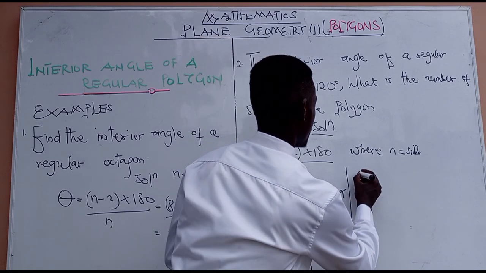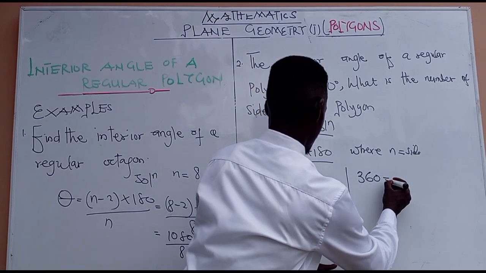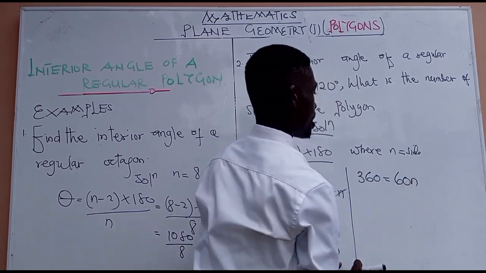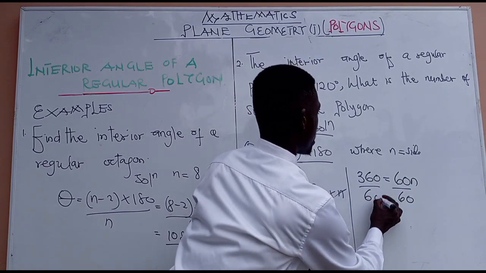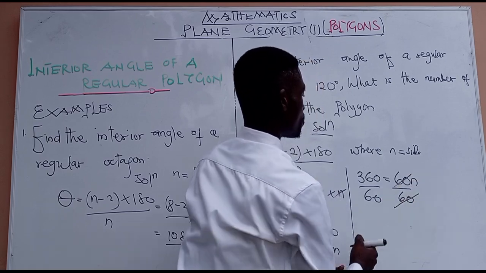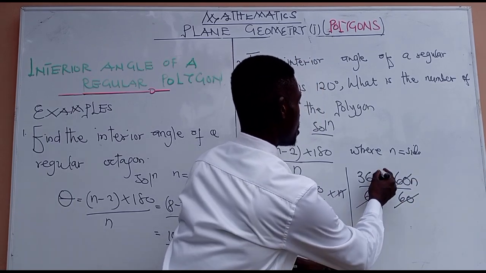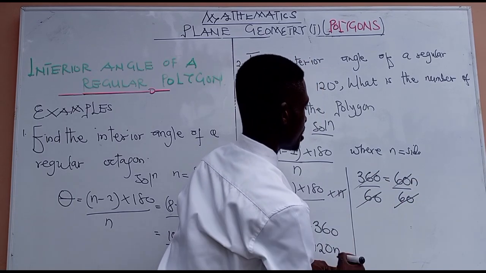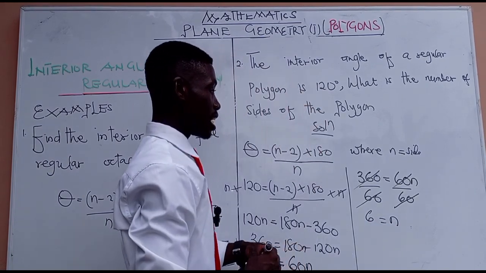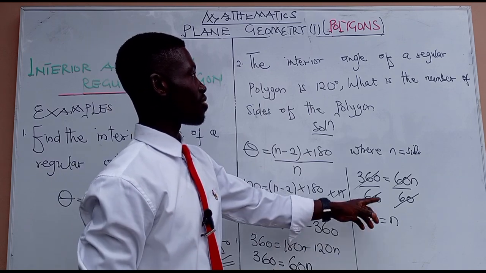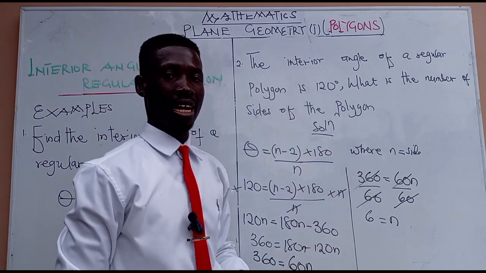So we have 360 is equal to 60n. Divide both sides by 60. 60 and 60 will go. 60 into 360, we have 6 is equal to n. So therefore, we can say that the number of sides of that polygon is 6 sides.